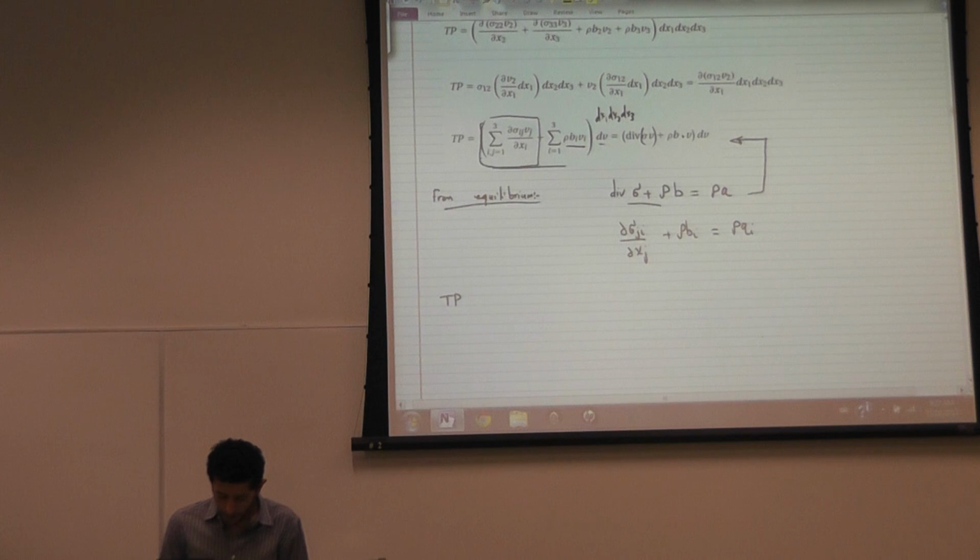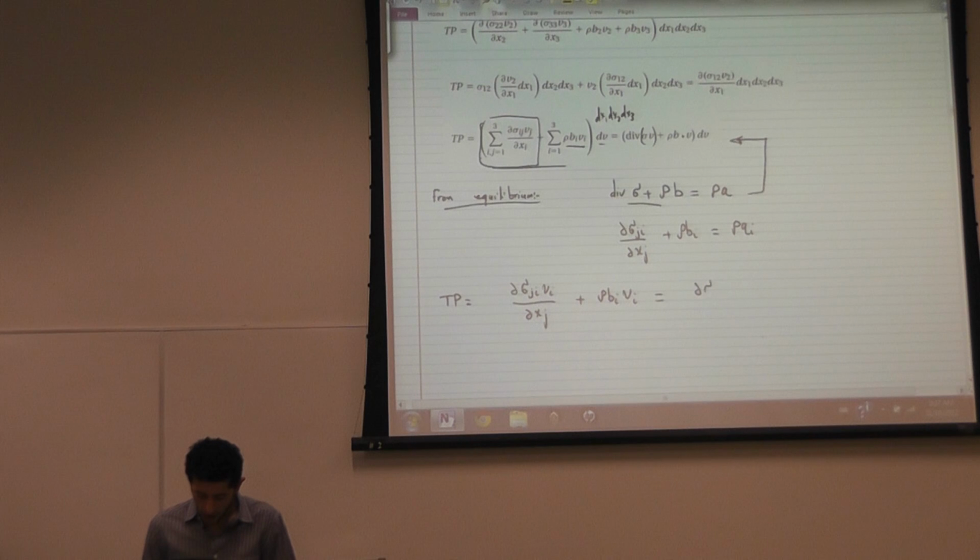Now the total power is equal to partial sigma Ji, partial xj, plus rho bi, times Vi, which equals partial sigma Ji and partial xj, Vi, plus rho bi Vi, plus sigma Ji partial Vi by partial xj.